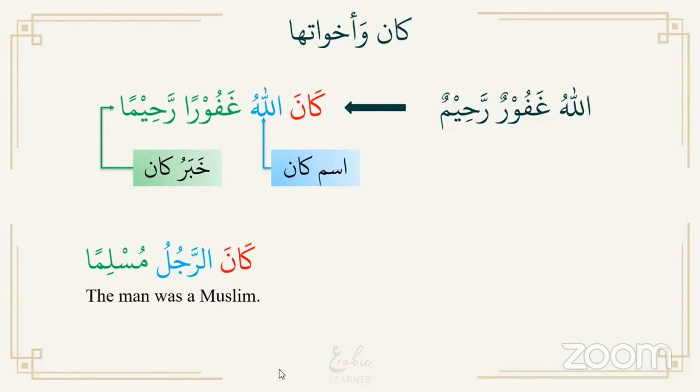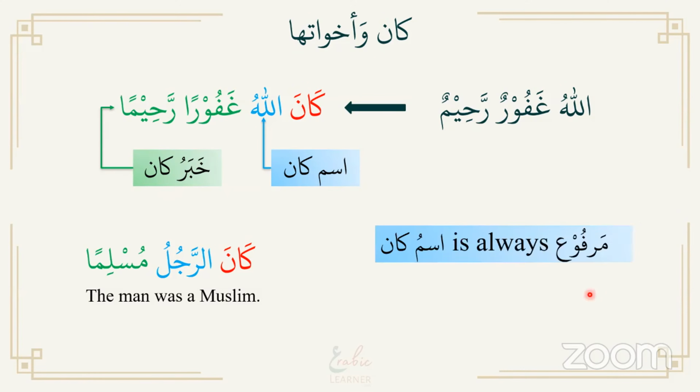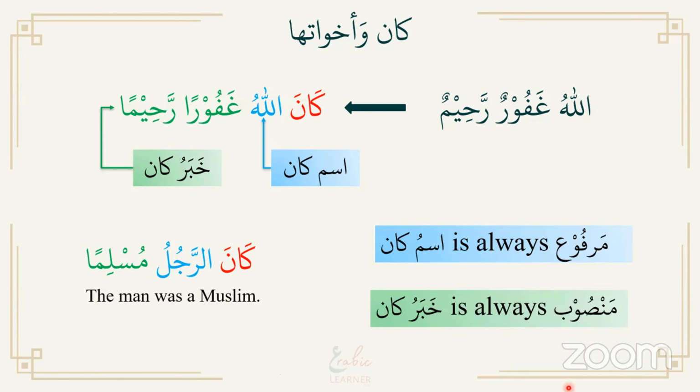So what is the rule for kana sentences? Ismu Kana is always marfu, and Khabaru Kana is always mansoob. And they behave like jumla ismiya.